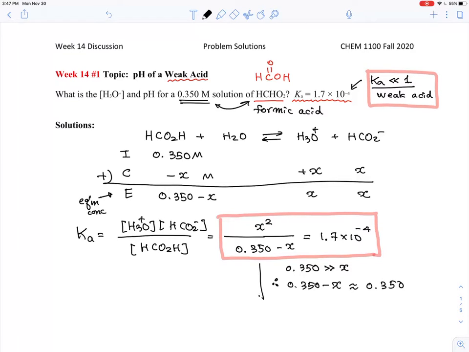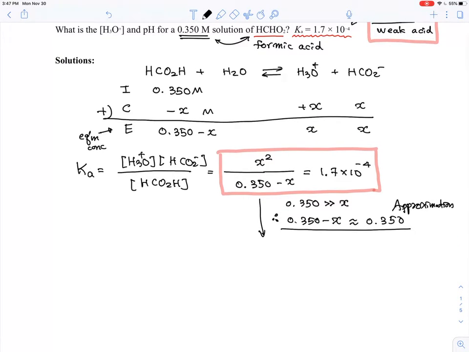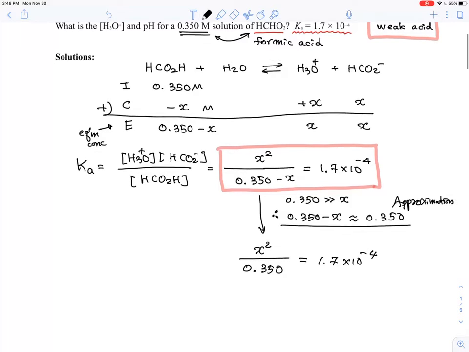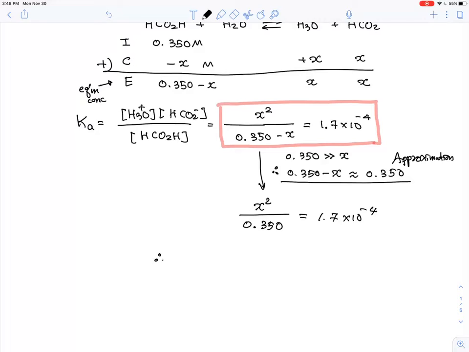Using this approximation, we can simplify the equation now: X squared over 0.350 equals 1.7 times 10 to the minus 4. Which is very simple now, because X squared is 0.350 multiplied by 1.7 multiplied by 10 to the minus 4.